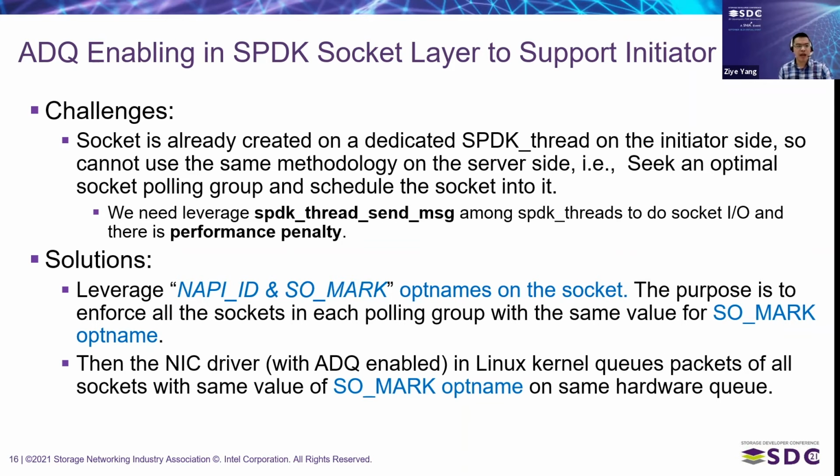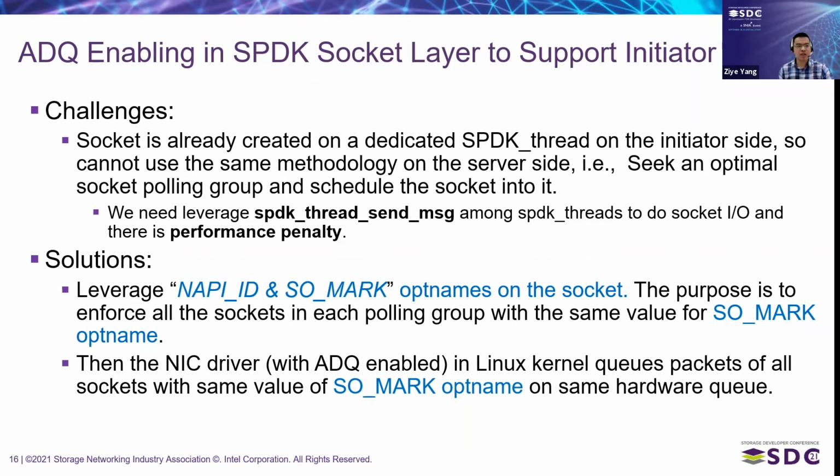The solution is that we will leverage the NIC ID and the SO_MARK optnames on the socket together. The purpose is to enforce all the sockets in the same polling group to be set with the same SO_MARK value.